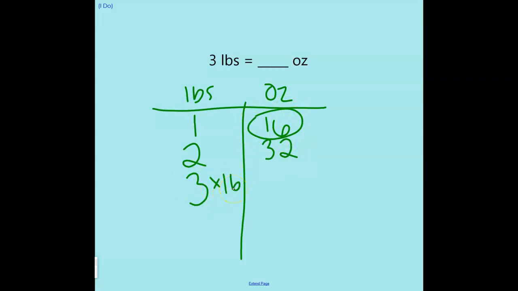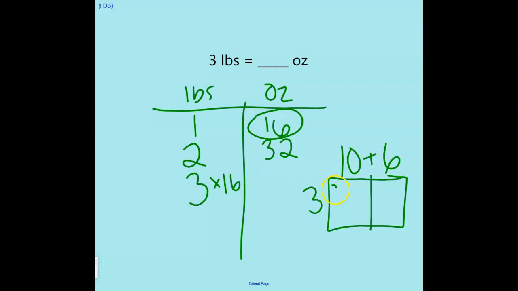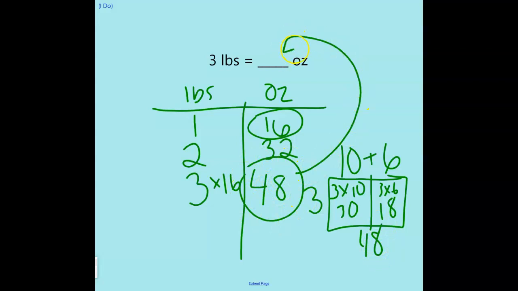You can do repeated addition, or just like we've been learning about, that's our 16, 3 on the side, 3 times 10 is 30, 3 times 6 is 18, and 30 plus 18 is 48. So 3 pounds is equal to 48 ounces.